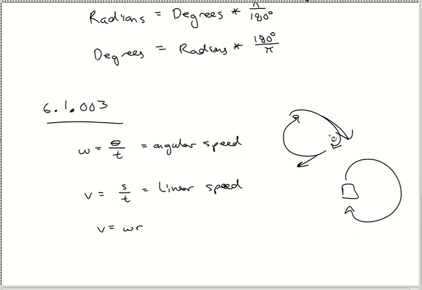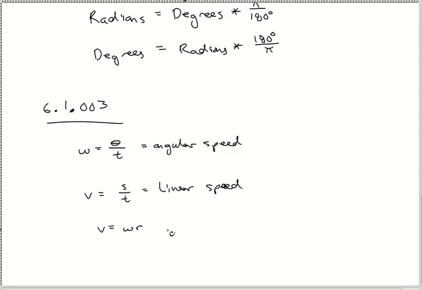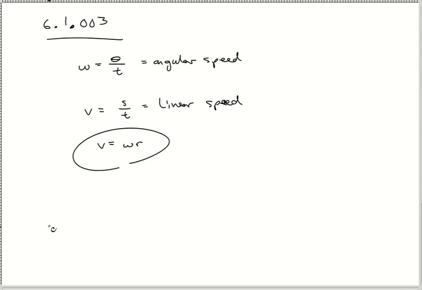I'm going round and round and I want to know what the speedometer says, versus how fast I'm going around in a circle. How many times will I go around every minute? How many revolutions per minute? How many degrees per minute? That kind of thing. And then there's a formula to convert between the two.